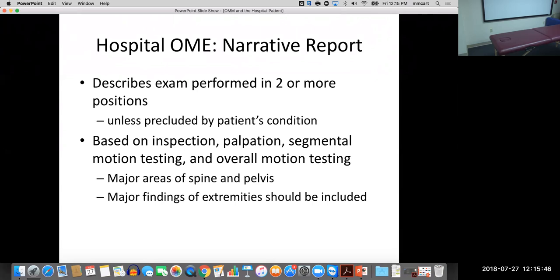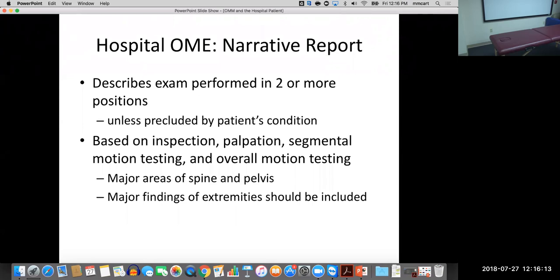One is the exam should be performed in two or more positions unless precluded by the patient's condition. So if they're in the CCU in the supine position and they're not conscious, then you're going to do your exam with them in the supine position, and you're going to document that they're in the CCU and not responsive. That's fine justification for why you did it in one position.